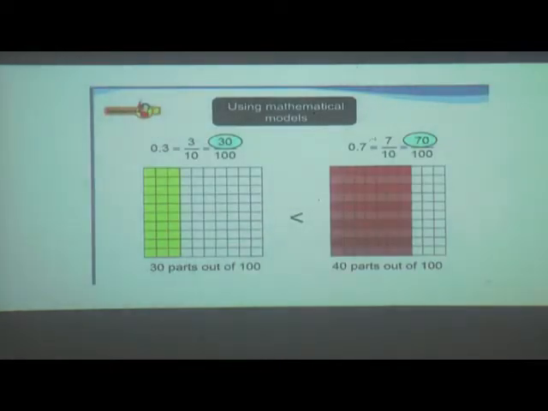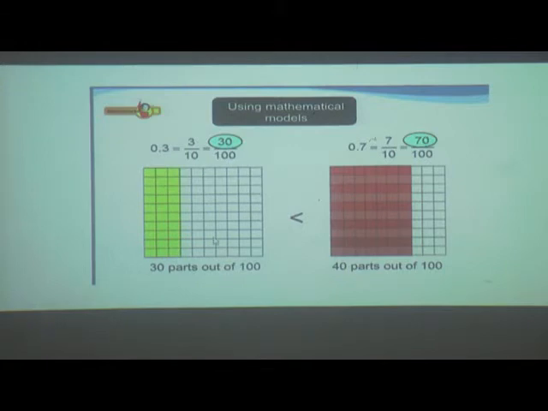Now using mathematical models, a decimal is given, then it is given in fraction form, and how you have to express it, where one sign is given to you. You can understand what this sign is. Yes, you are right, it is a comparison between these. Here is one grid paper sheet which is having grids, here also they are having grids.